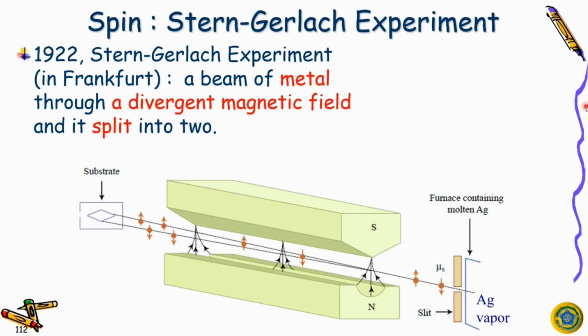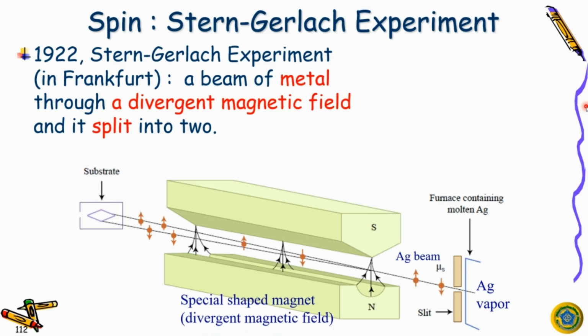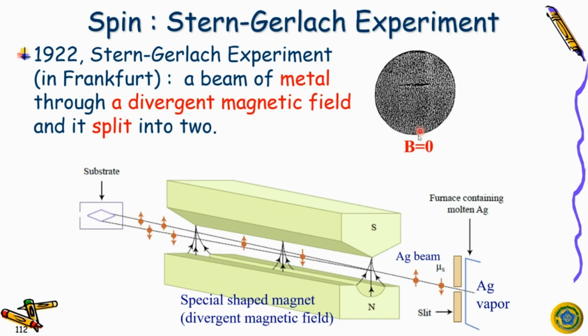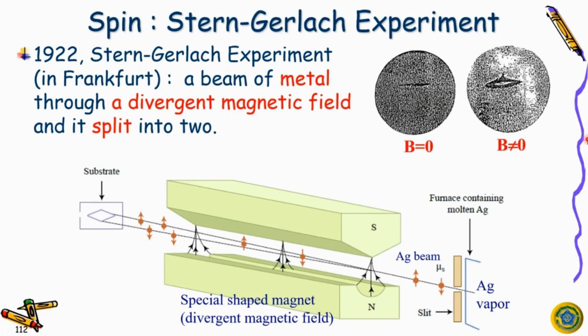And the interesting thing is that if you don't apply a magnetic field in this path, the silver beam will go to this target with one line only. The silver atoms will hit the substrate like this. However, if you apply the magnetic field to this path, the silver beam will split into two.